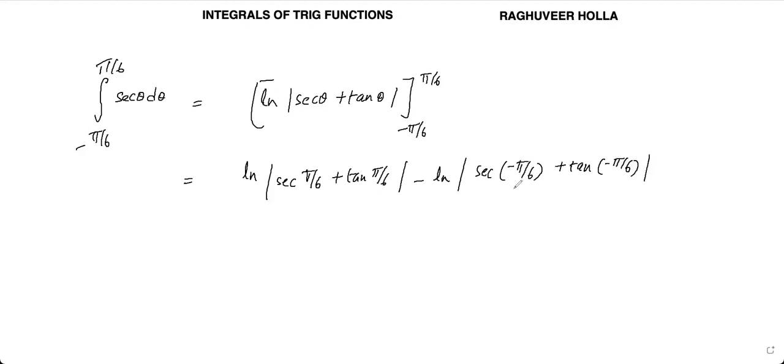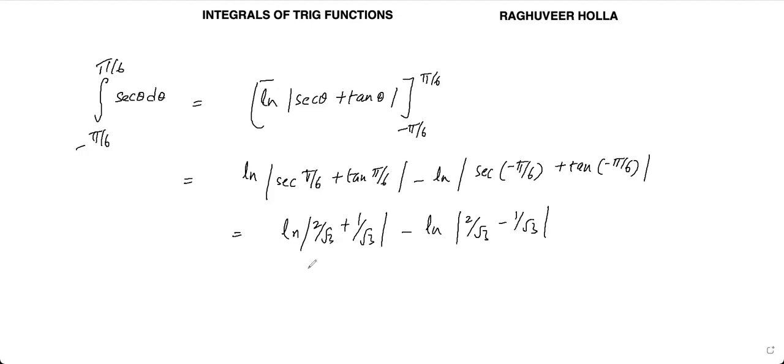Now secant pi by 6 is 2 by root 3, so this is ln of 2 by root 3 plus 1 by root 3, minus ln of 2 by root 3 minus 1 by root 3.